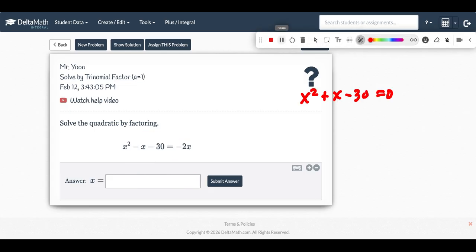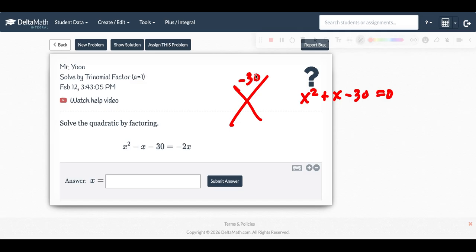Okay, now let's factor this quadratic. Okay, negative 30 on top and 1 on the bottom, because the number that is in front of that x is 1. Okay, so I know the signs will be different because we have negative 30 here.